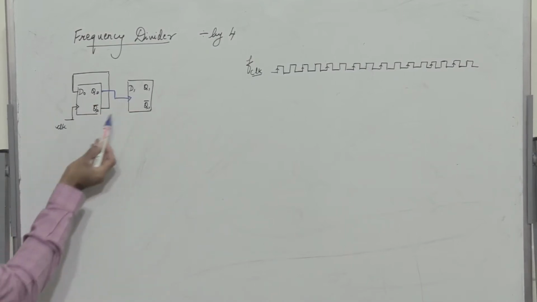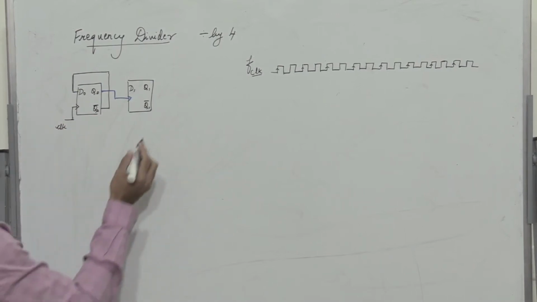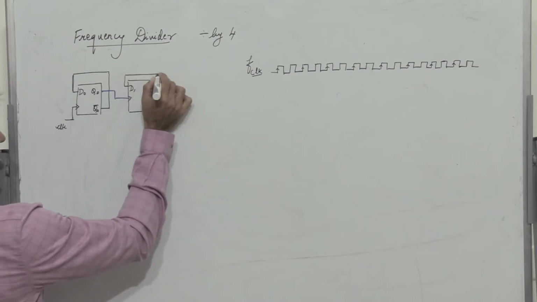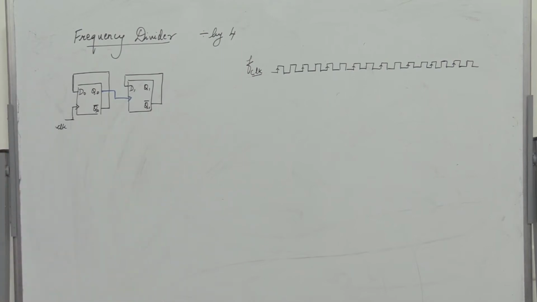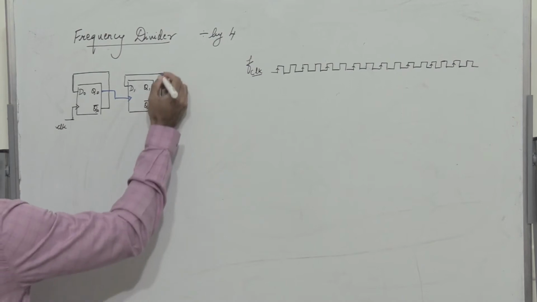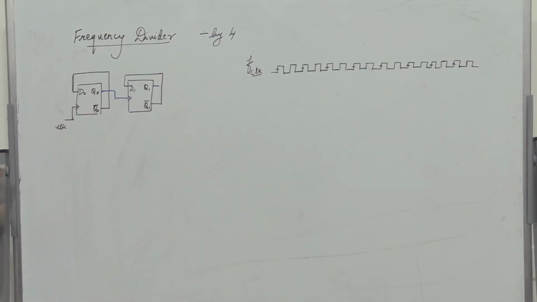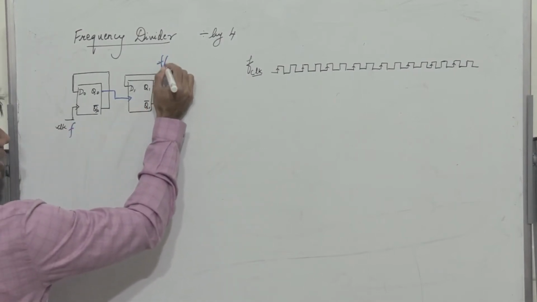Right? So Q0 bar is the input to D0. So now here Q1 bar becomes the input to the second flip-flop. So it's connected to D1 and we get the final output at Q1. So the frequency what I get here would be 1/4 the clock frequency. So if this is f, so what I get here is f by 4.